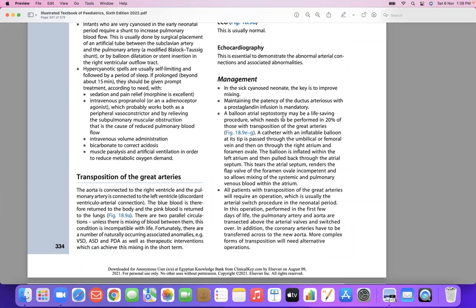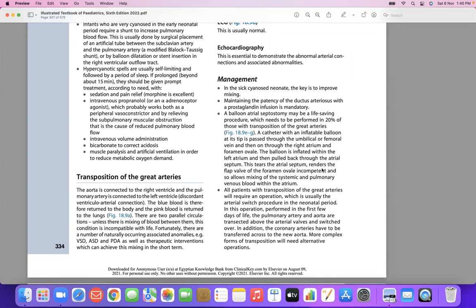A balloon atrial septostomy may be a life-saving procedure, which needs to be performed in 20% of those with TGA. A catheter with an inflatable balloon at its tip is passed through the umbilical or the femoral vein. Since he is a neonate, you have a chance to pass it through the umbilical vein also. It goes through the right atrium and the foramen ovale, and the balloon is inflated within the left atrium and then pulled back through the atrial septum.